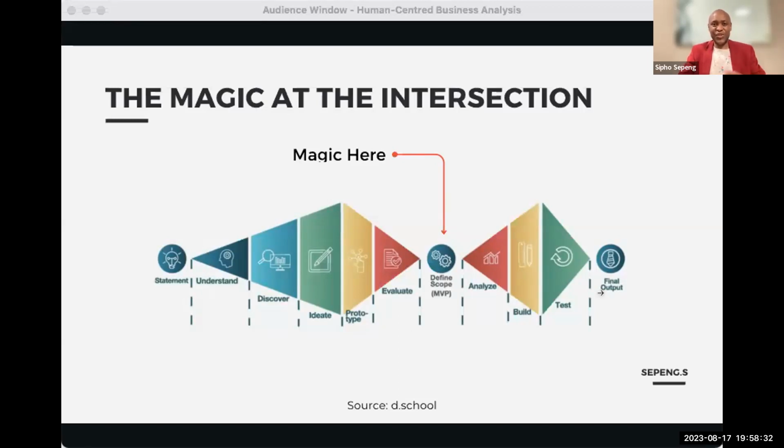And once that is understood, we'll discover what solutions we can take forward through ideation.